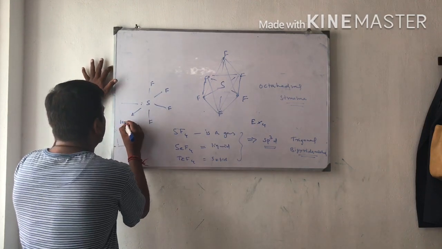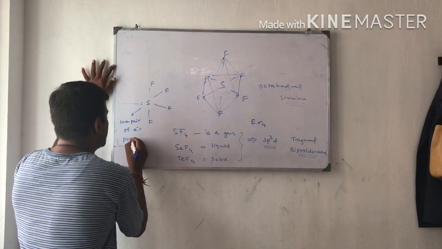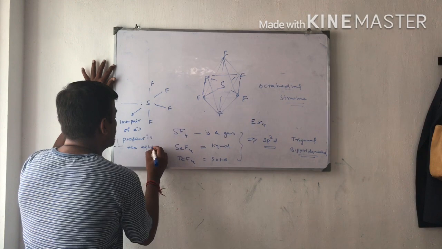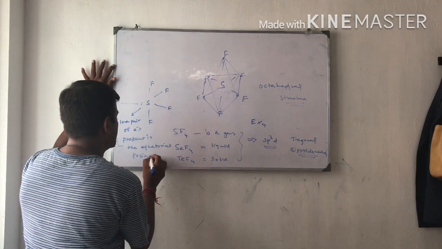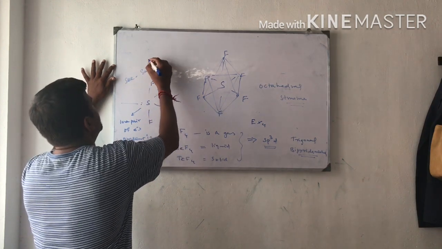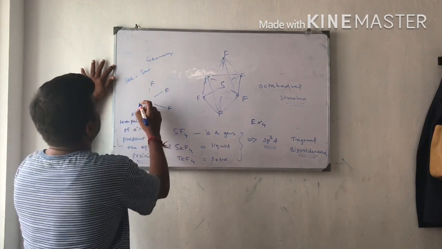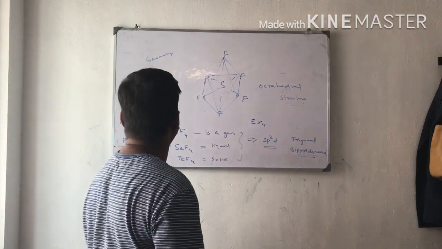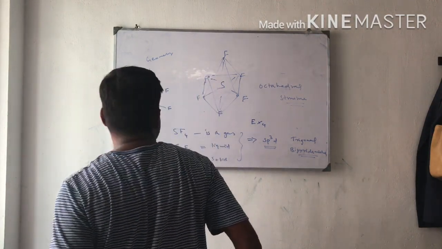The lone pair of electrons is present in the equatorial position of sulfur. This is the structure, Sidgwick geometry. This is a lone pair of electrons. So not only sulfur, but selenium and tellurium fluorides, all these compounds have a structure like this.